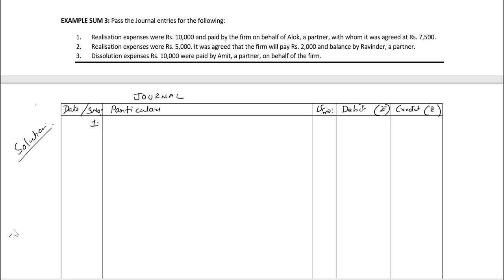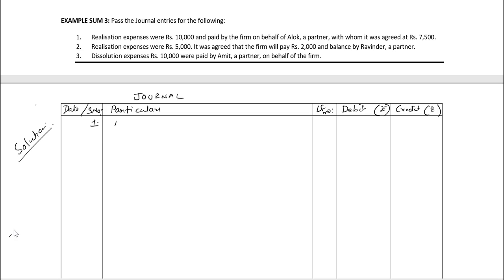First question. Realization expenses were rupees 10,000 and paid by the firm on behalf of Alok, a partner with whom it was agreed at rupees 7,500. So 7,500 was the agreed amount between the firm and Alok.